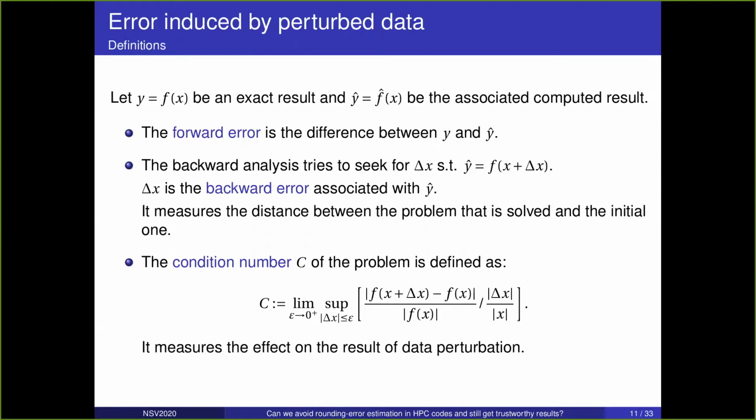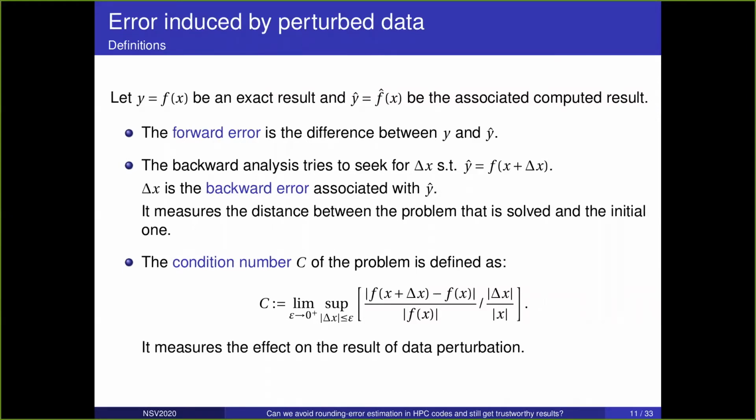And the backward analysis tries to seek delta x such that y hat is f of x plus delta x. Delta x is the backward error associated with y hat. It measures the distance between the problem that is actually solved and the initial one.